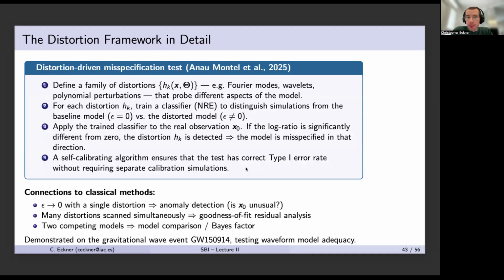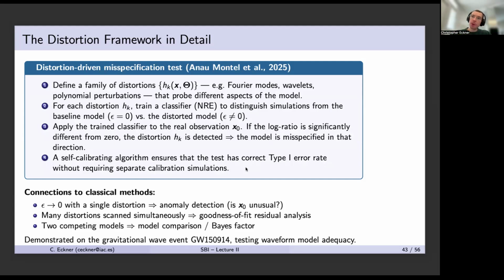Then for each distortion, you would train a neural ratio estimation classifier to distinguish between simulations that are baseline-like, so no distortion at all, or distorted. Then you apply this classifier to the real observation, and it gives you a log ratio of how likely it is that this particular type of distortion is detected in the real observation, and whether the model needs to be respecified to include this distortion.